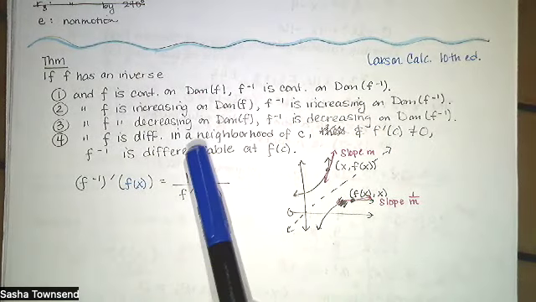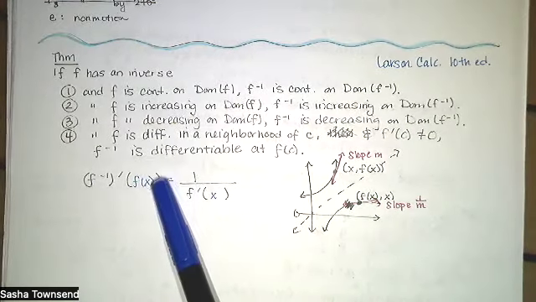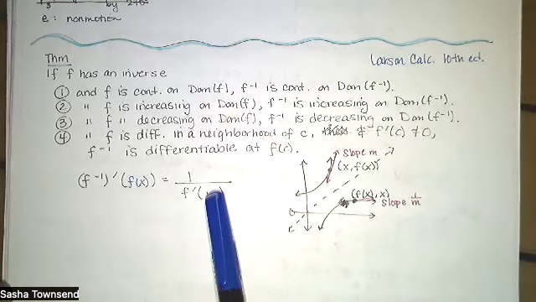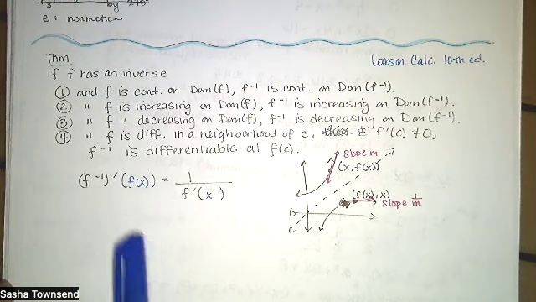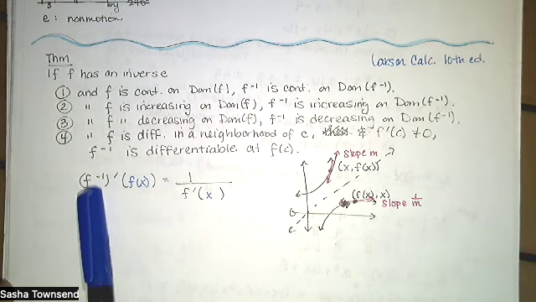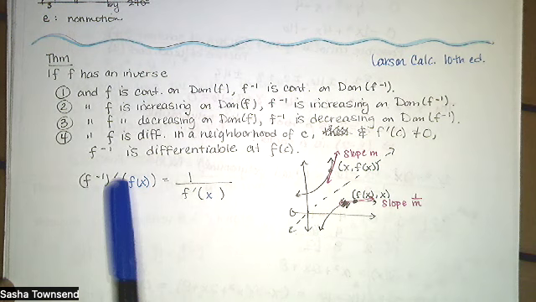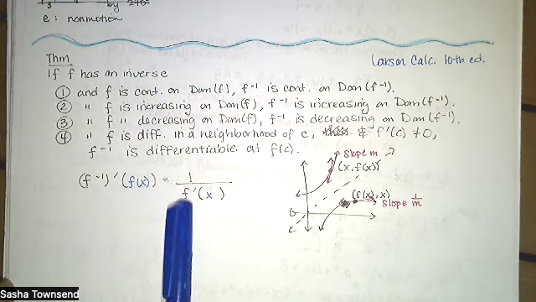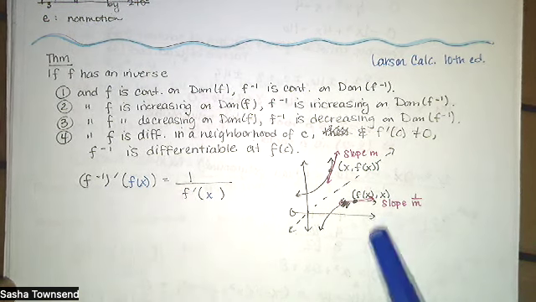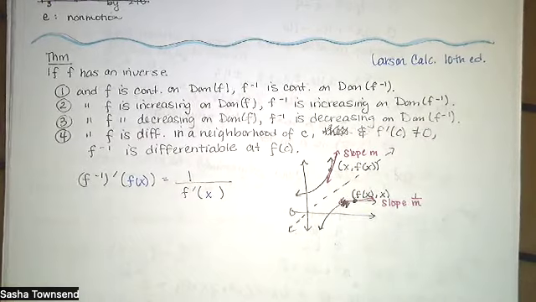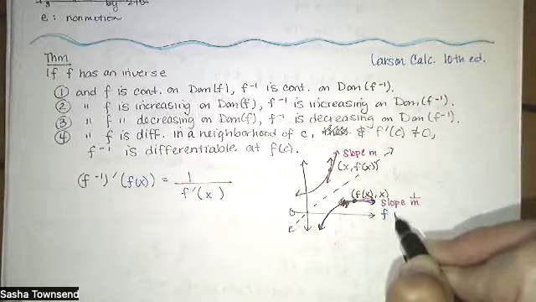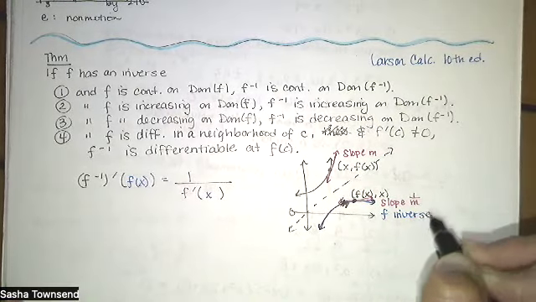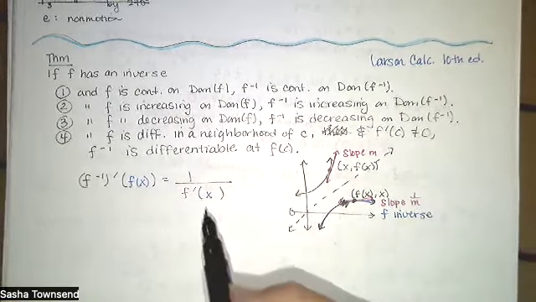And we came up with this differentiation formula just using the chain rule in the last video. We said that if f is differentiable, f inverse is differentiable, and the derivative of f inverse at f of x is equal to 1 over f prime of x. So the slope of the inverse function is 1 over the slope of the original function.